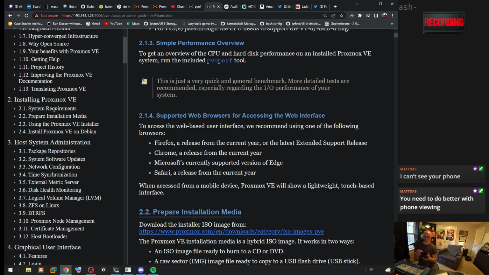No virtual machines. Tasks. Oh my gosh, look at all those tasks. I can get a shell. It's a history of all my tasks, so I can look at it all. And data center. That's pretty damn cool. I ain't gonna lie, that's really cool.